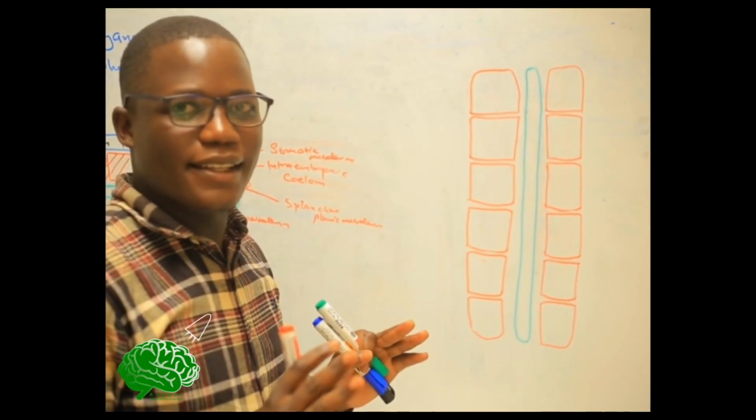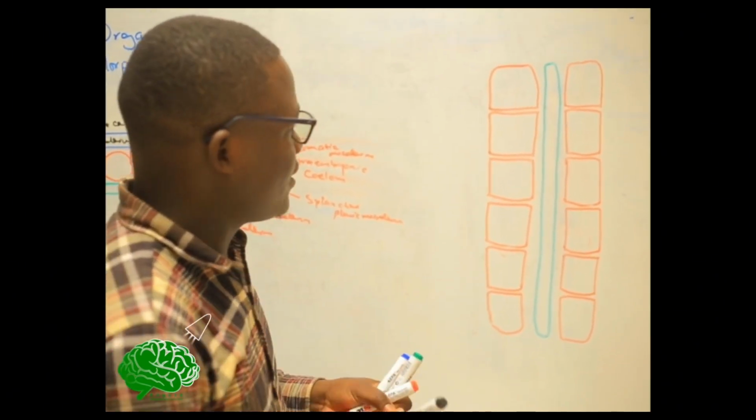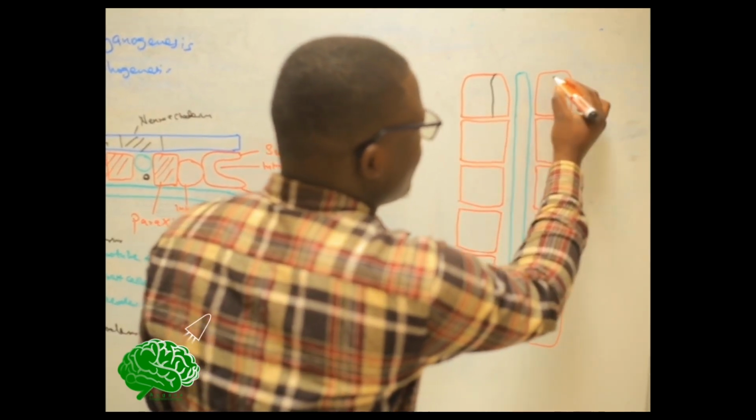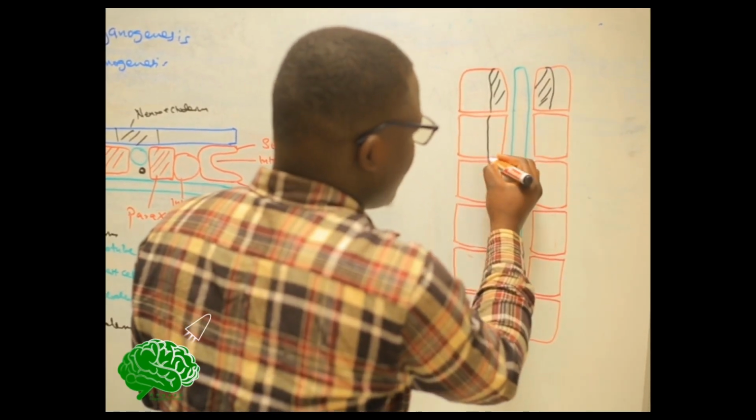And now this somite also goes through another division. So this is what happens in this somite. This will divide into 2. The part nearest to the neural tube will also divide into 2.